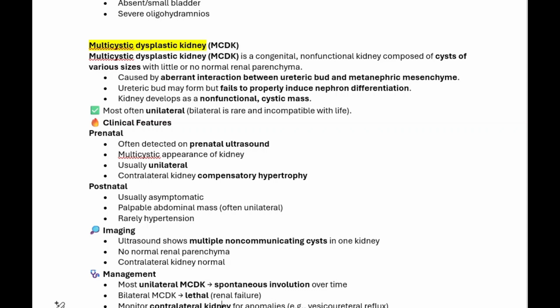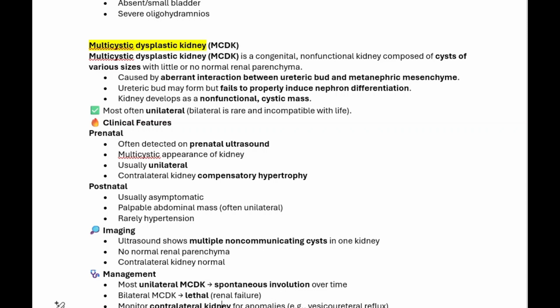Because of the abnormal interaction between both of them, that leads to failure of induction of the metanephric mesenchyme to form the kidney. So in this condition, the ureteric bud is actually formed, but the problem is that it fails to properly induce nephron differentiation. Because of that, the kidney develops into a non-functional cystic mass.